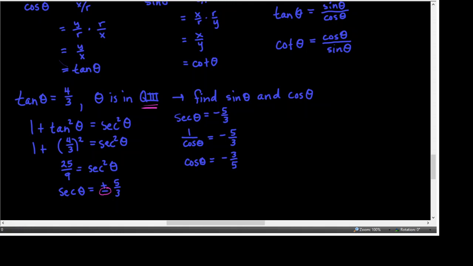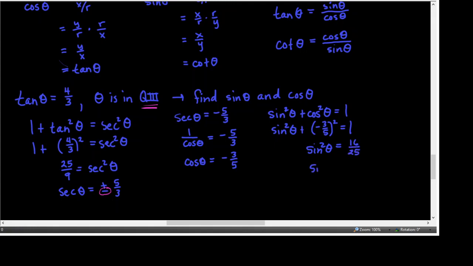Well, now that we know that's true, how are we going to find sine of theta? Well, we do have the trig identity sine squared theta plus cosine squared theta equals 1. And now that we know that cosine of theta is negative 3/5, I can solve this equation for sine squared theta. That'll be 1 minus 9/25, which is 16/25.